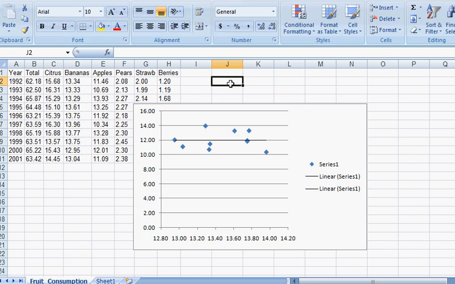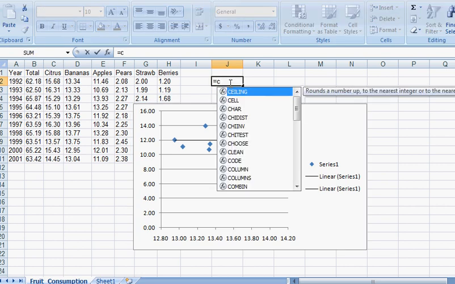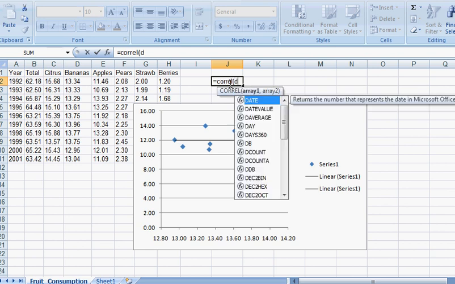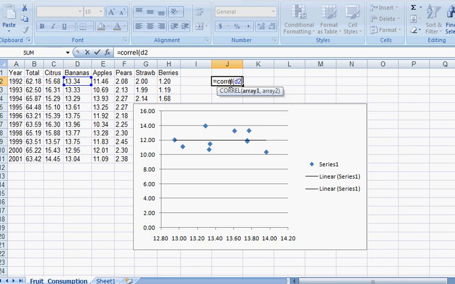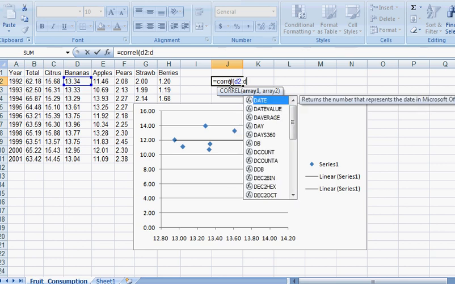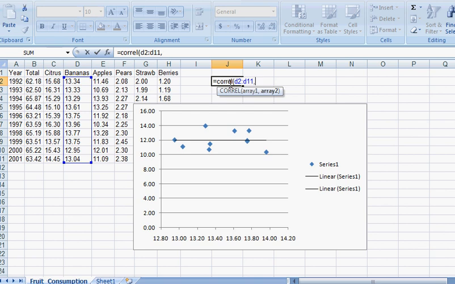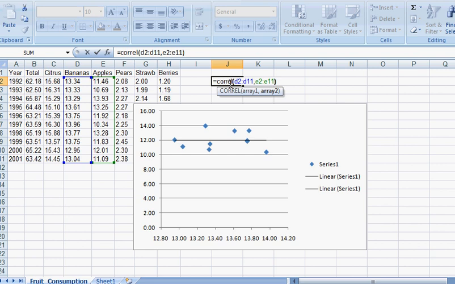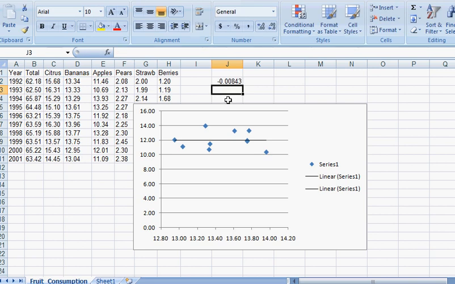Let's test this with equals CORREL, and we had bananas, so that's D2 to D11, comma, against apples, E2 to E11, close brackets, and we have a very, very small number, 0.00, it might as well be 0.